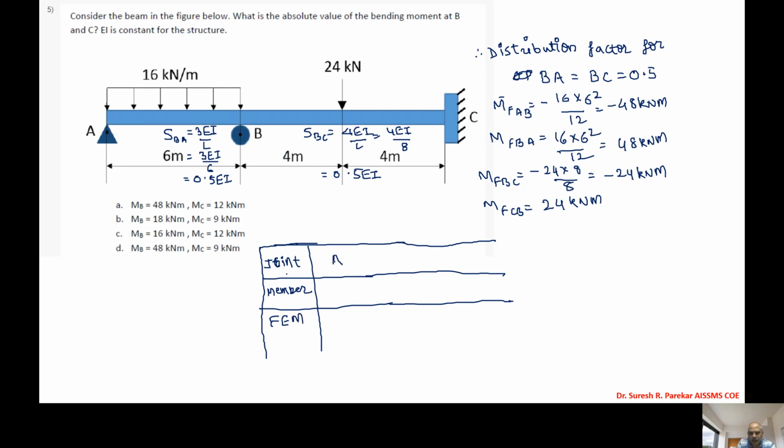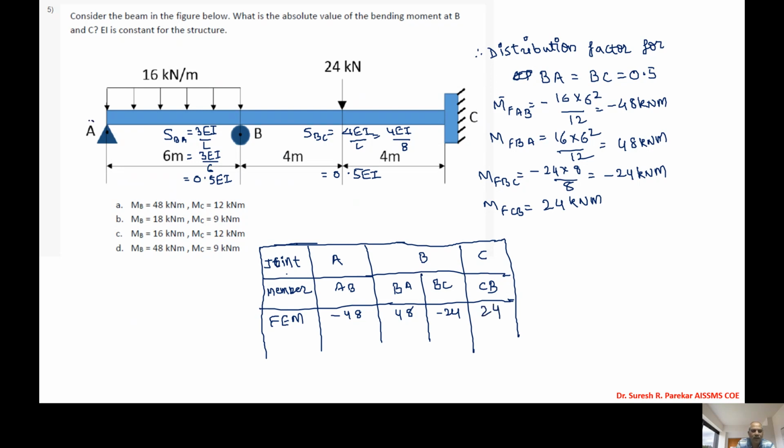So we have joint A, then joint B, member AB at A. For B, we have two members, BA and BC, and then at C, we have CB. Now we have this as minus 48, this is 48, minus 24, and this is 24.